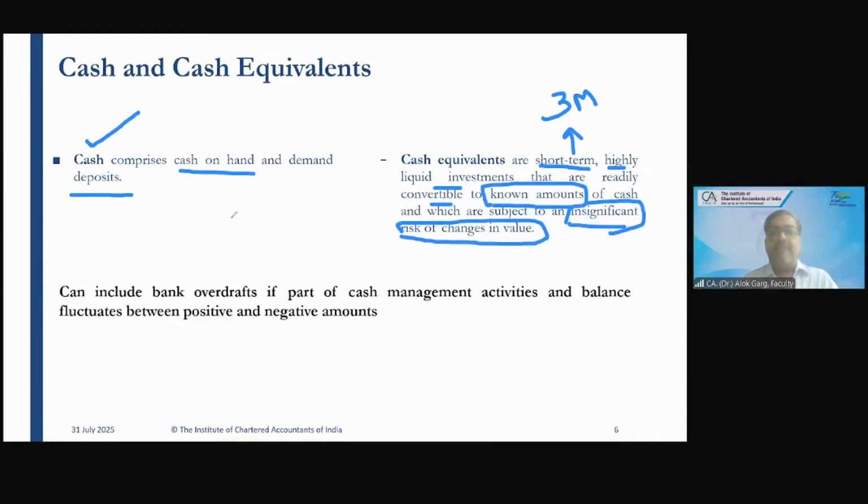These should be the three elements of your cash equivalent.